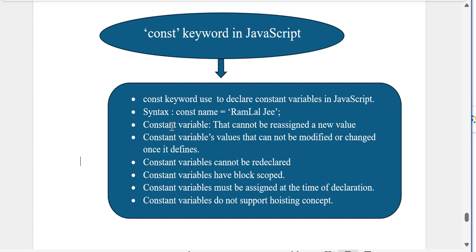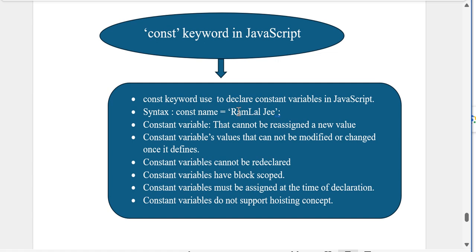So no problem. Here it is mentioned: the const keyword is used to declare a constant variable in JavaScript. The constant variable you have defined cannot be reassigned a new value, which means we cannot change the value.